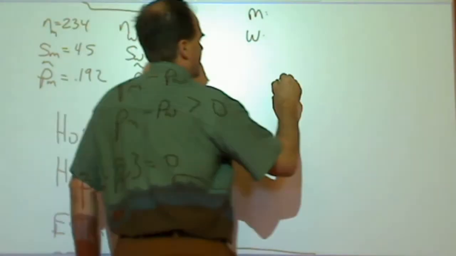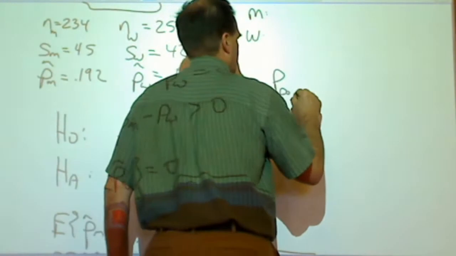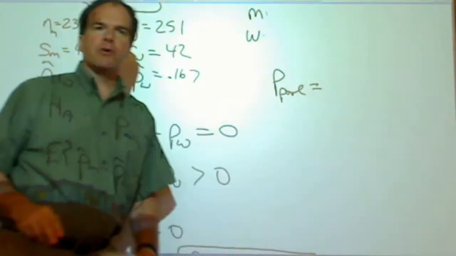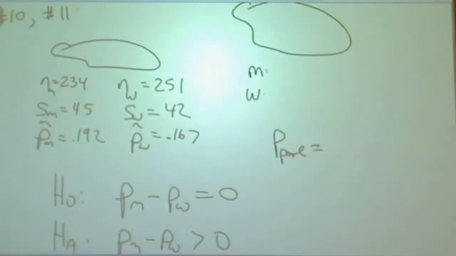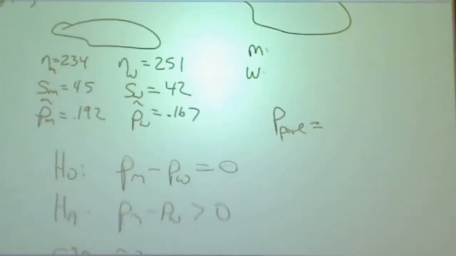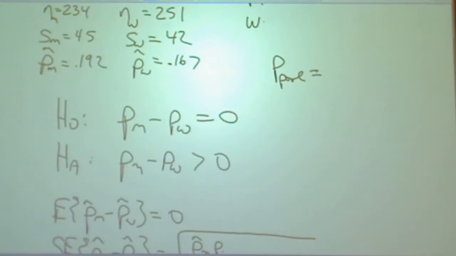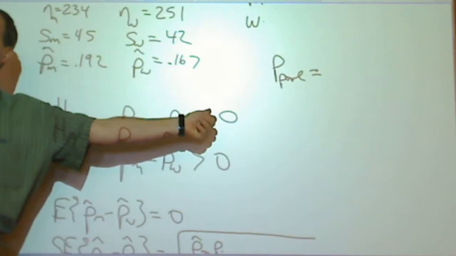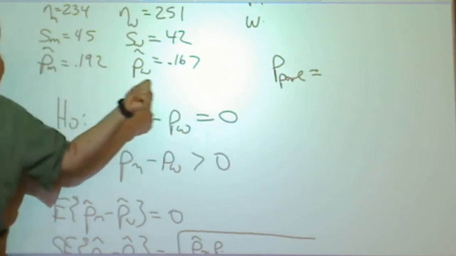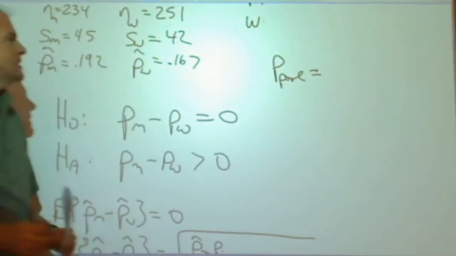We need to pool the data. Does everybody remember this with two proportion? We divide by 4. Yep. So what was the deal here? I've got the pooled formula there on the formula sheet. When we're assuming the two proportions are the same in the null, that's when we pool the data.